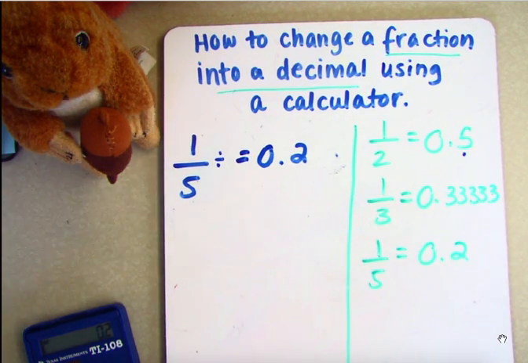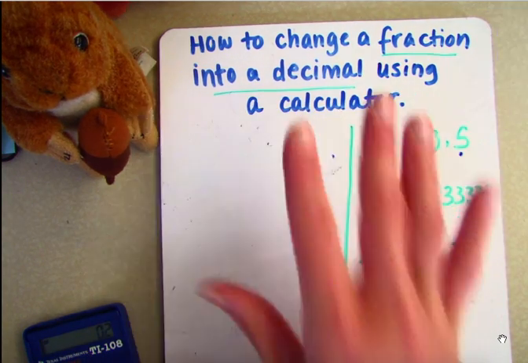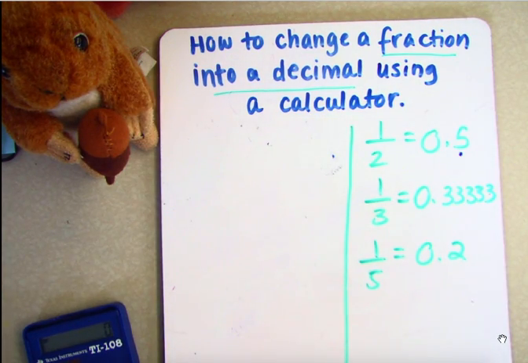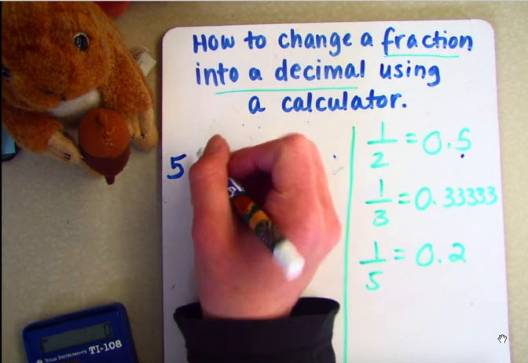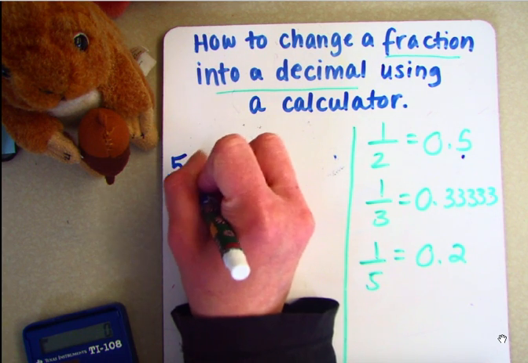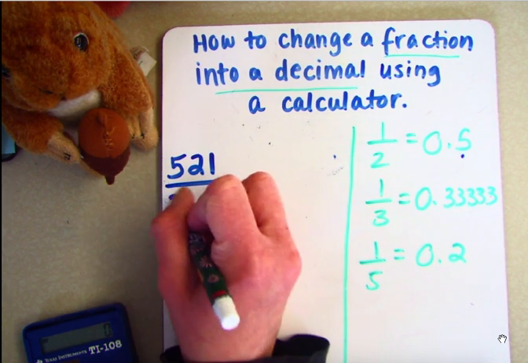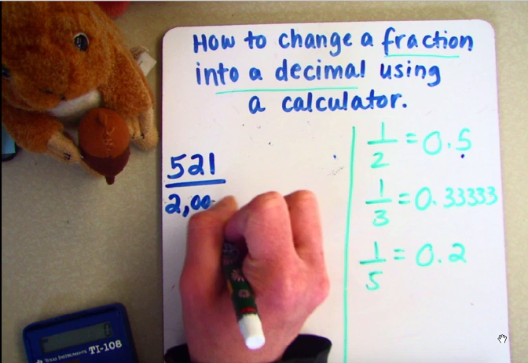And let's just do one more for kicks and giggles. Mr. Nutty, what do you think? Really? Oh, that's kind of a big fraction, Mr. Nutty, but okay. So Mr. Nutty wants to do, I can't believe we're doing this, 521 over 2,000.